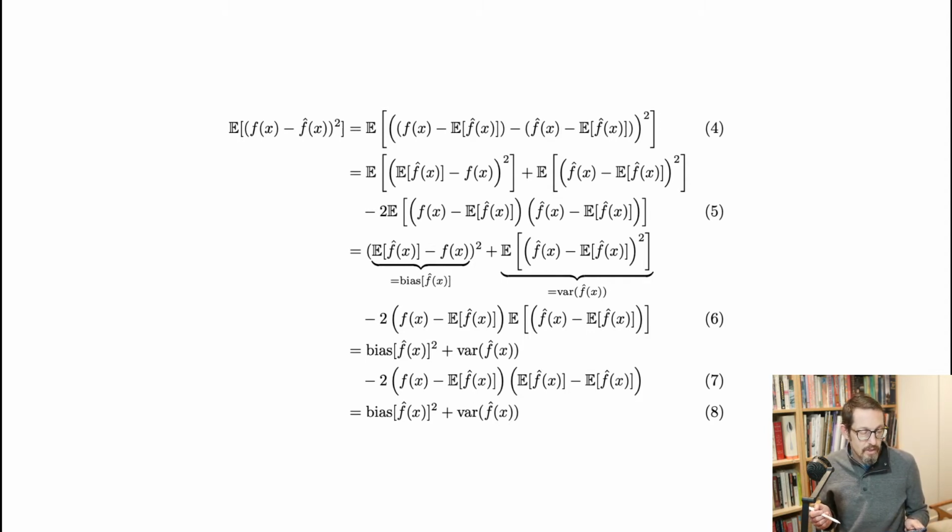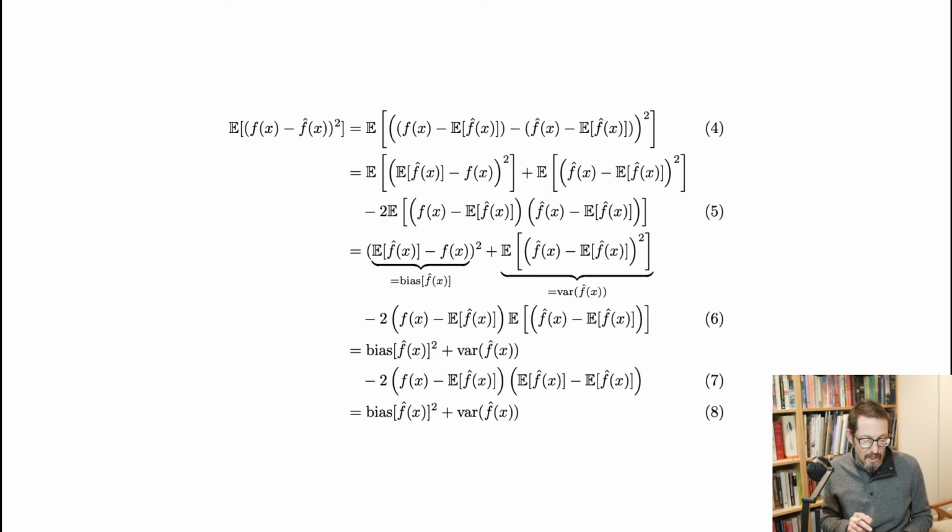So applying expectation to the squared bias does not have any effect. In other words, the expected value of (E[f hat of x] minus f of x) squared is equal to (E[f hat of x] minus f of x) squared.